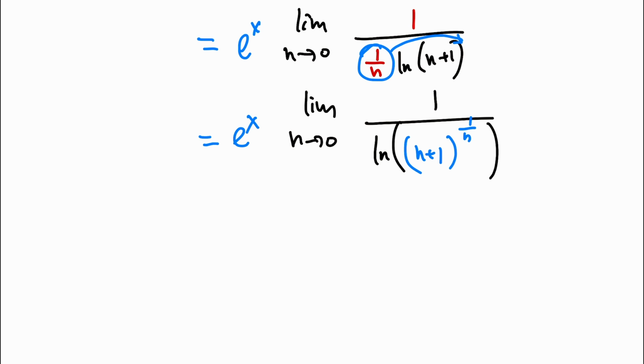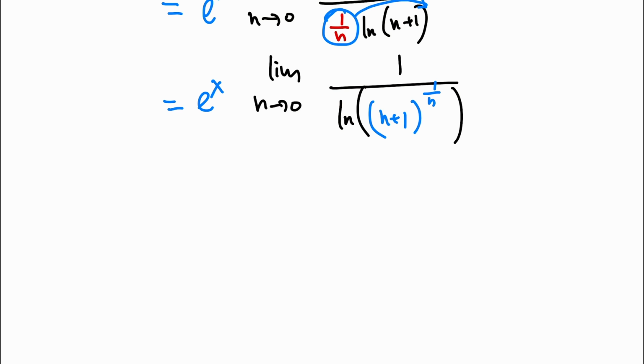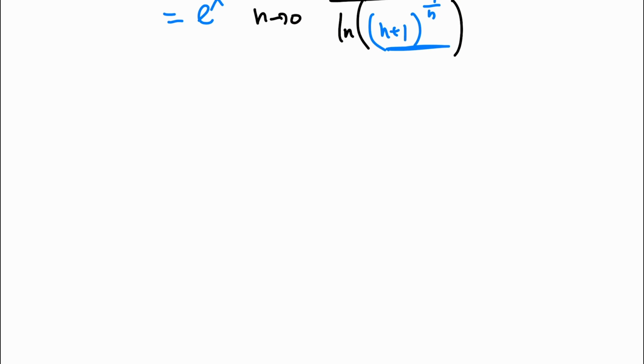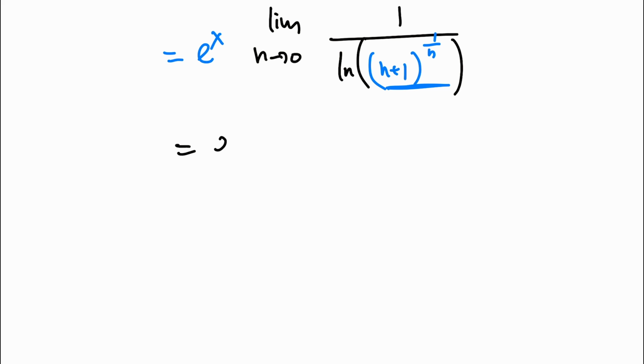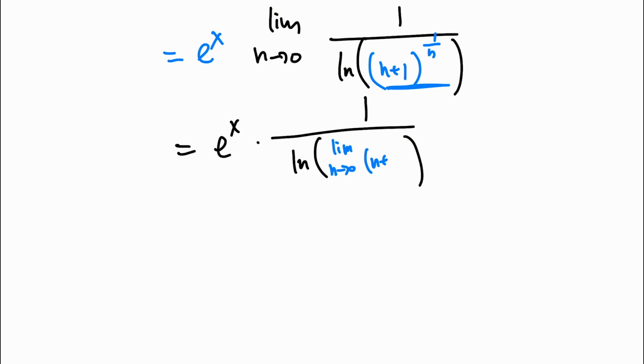And the only thing that involves n over here is this blue expression. Then the other things we can just get out, and it doesn't require the limit anymore. So that will be e to the x times 1 over ln of the limit as n approaches 0 of (n + 1) to the 1 over n power.